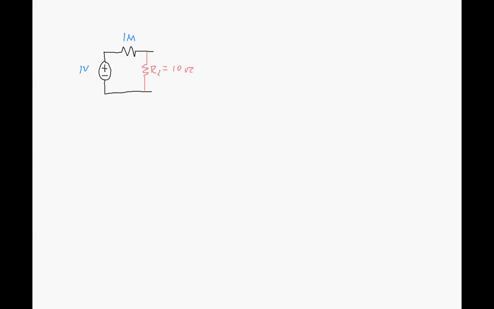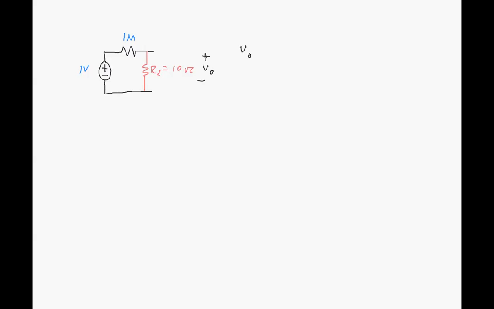So what is the output voltage there? What do we see? So the output, V out, would just be here. And we have simply a divider. So V out is equal to that divider ratio equation.